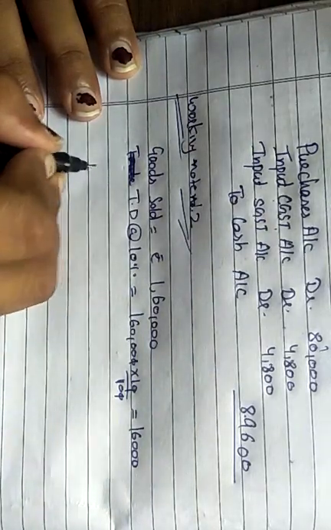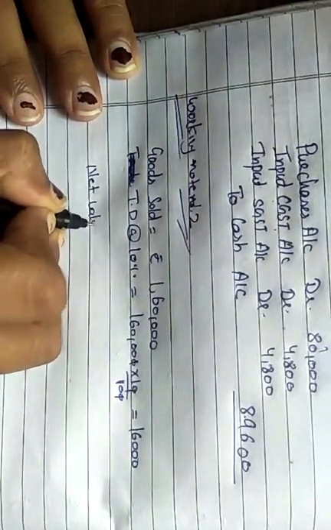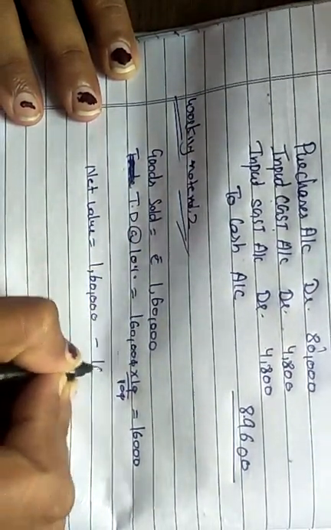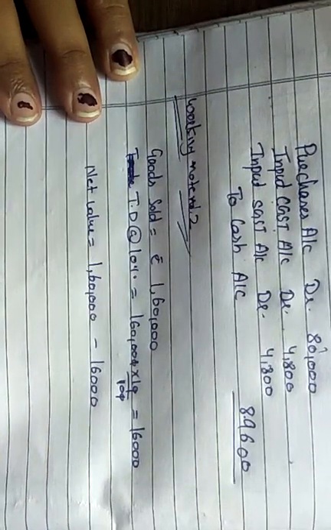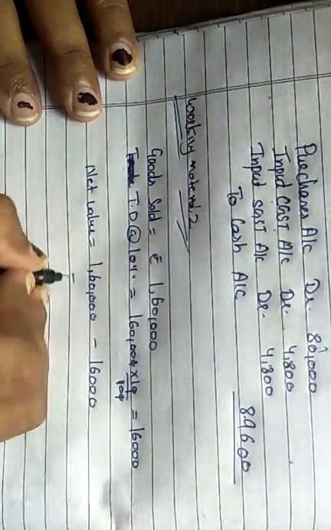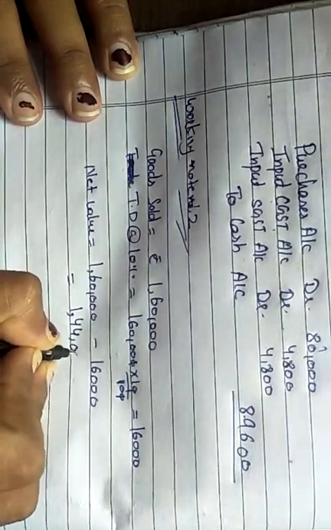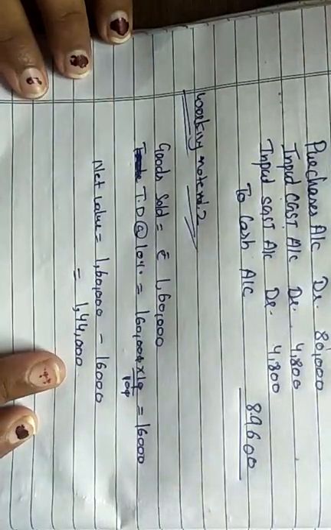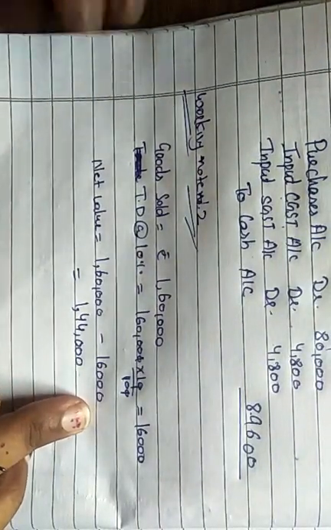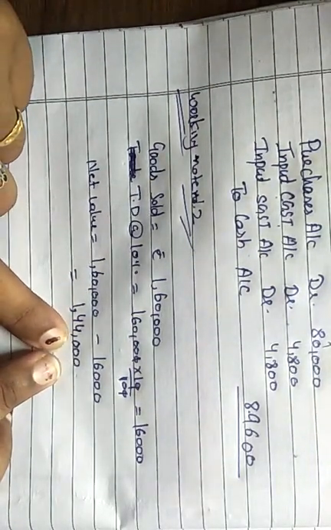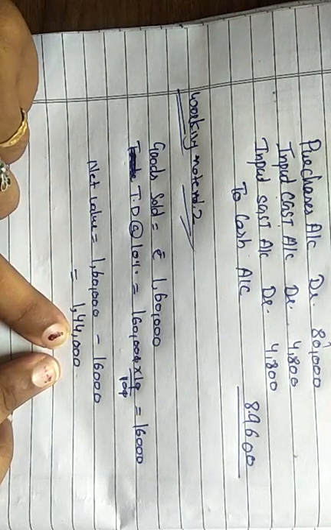Okay, students. Next we calculate the net value which is received from the customer after deducting trade discount. So 1,60,000 minus 16,000. So the net value which is received from the customer after deducting trade discount is 1,44,000. Now in this, goods are sold, cash is not received, check is received with the amount of 1,44,000, but the customer also paid us CGST and SGST.